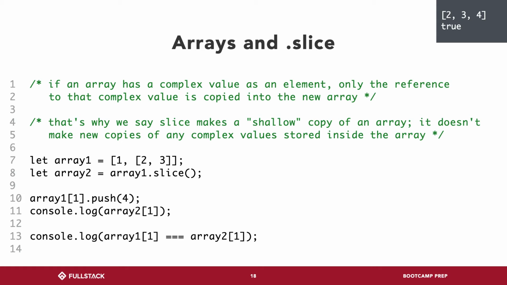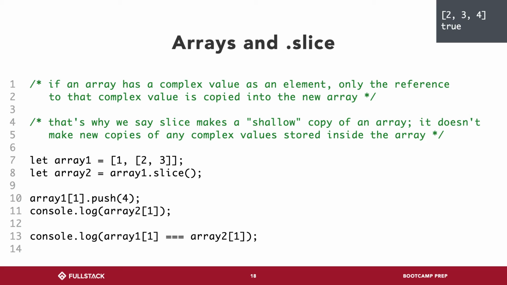So this is what I showed you before, right? Array 1 is now equal to an array with two things in it: the number 1 and another array, and that array has 2 and 3 in it, okay? Now array 2 is going to be equal to array 1.slice. Cool, we made a copy of array 1 and they're not related anymore.